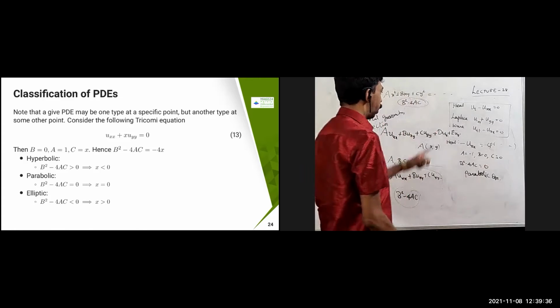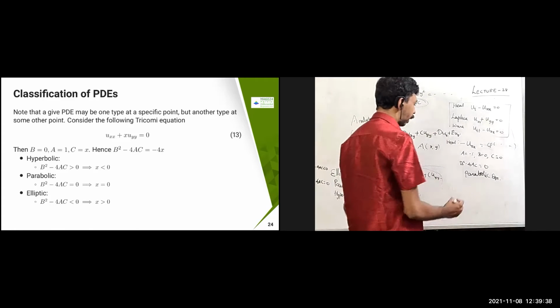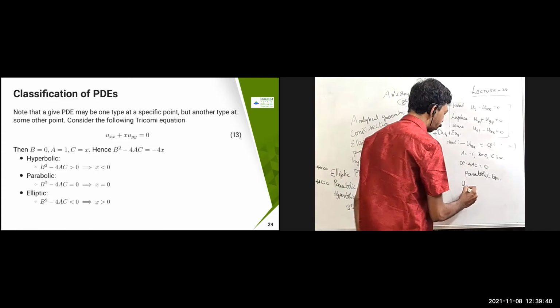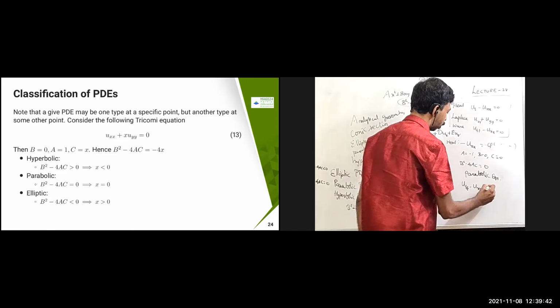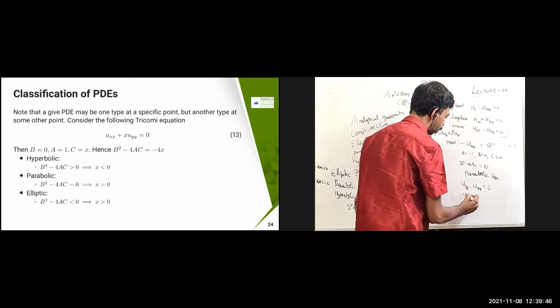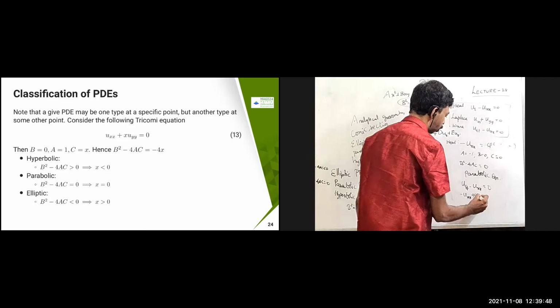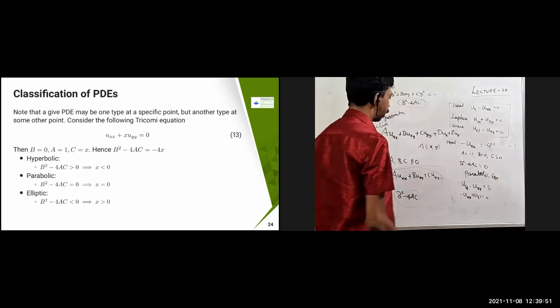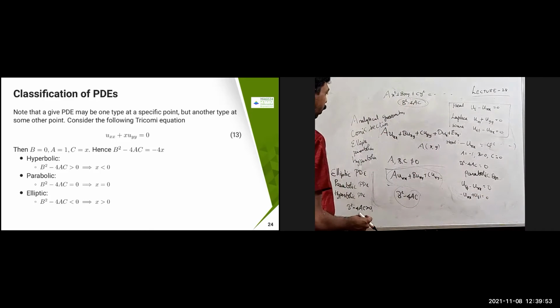Now let us take the wave equation. We have utt minus uxx equal to 0. I can write it as uxx plus utt equal to 0. You can take x as the first variable or t as the first variable, it doesn't matter.